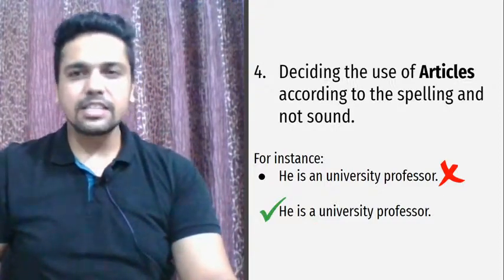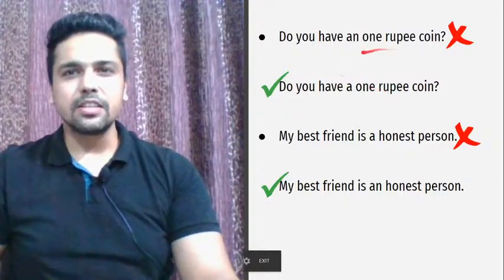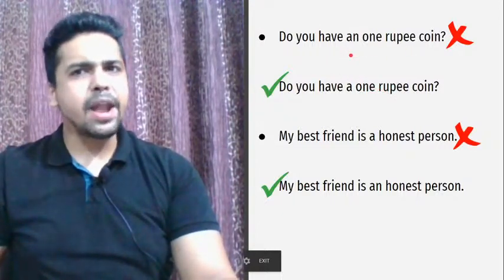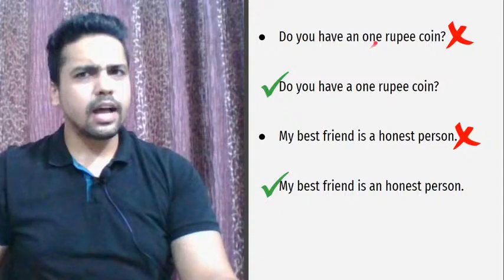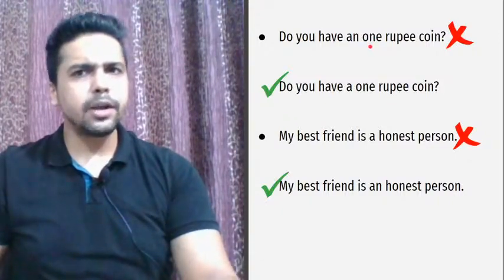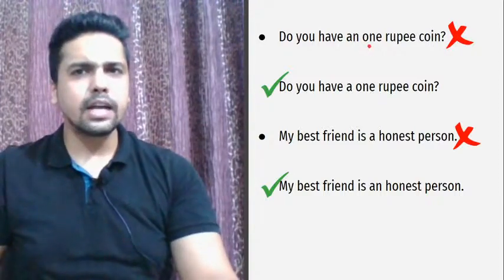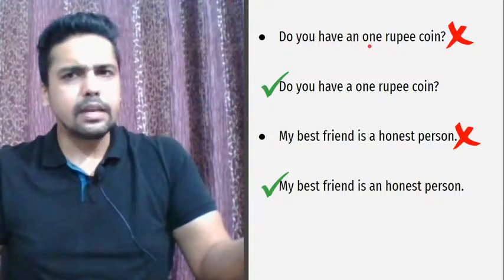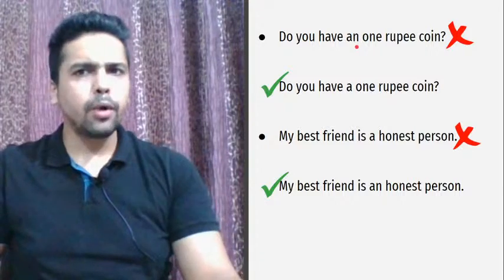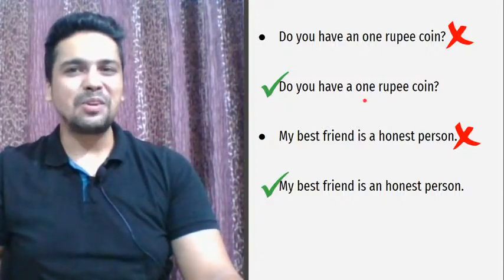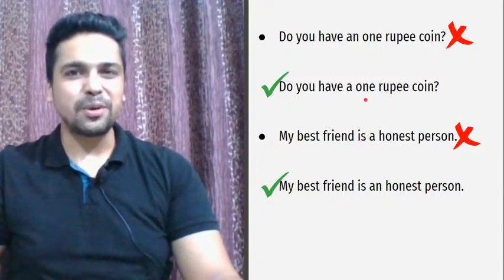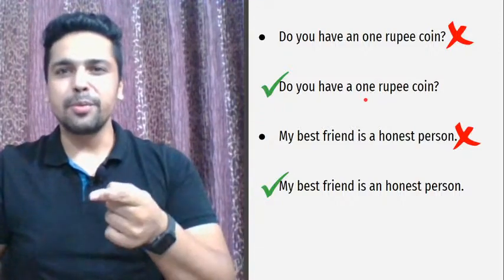All right. So let's take one more example here. Look at this: do you have an 1 rupee coin? Again, you must be wondering, sir, the spelling of the word one, O-N-E, starts with O, and O is a vowel. Clearly, it's a vowel, so it should be an 1. No. But look at the sound. That's what I'm talking about. Do you have a 1 rupee coin?